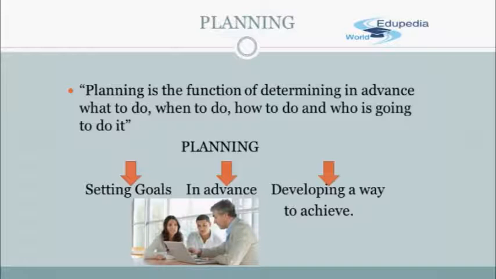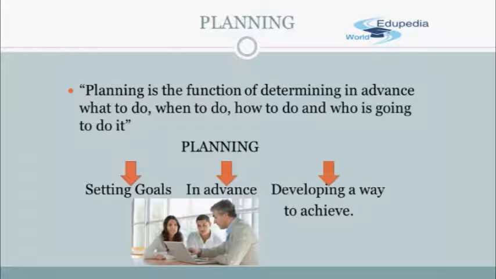So students, in planning, goals are set in advance and a way is developed to achieve them. It includes forecasting, formation of objectives, policies, programs, procedures and budget. It is a function of determining the method or path of obtaining objectives.